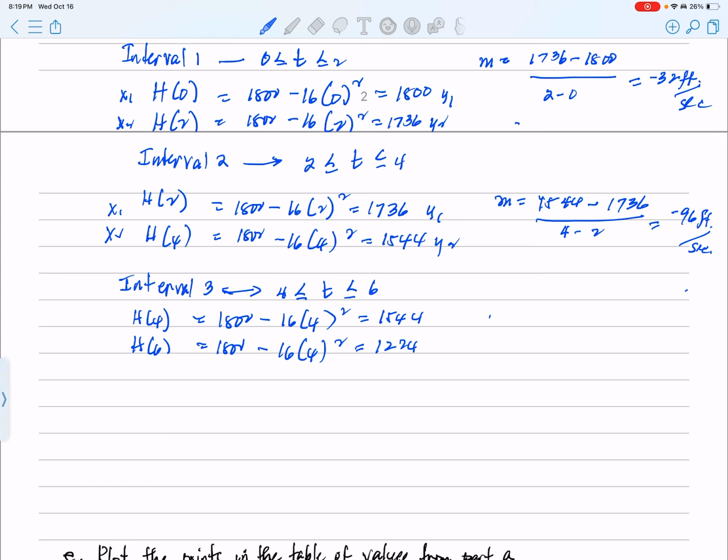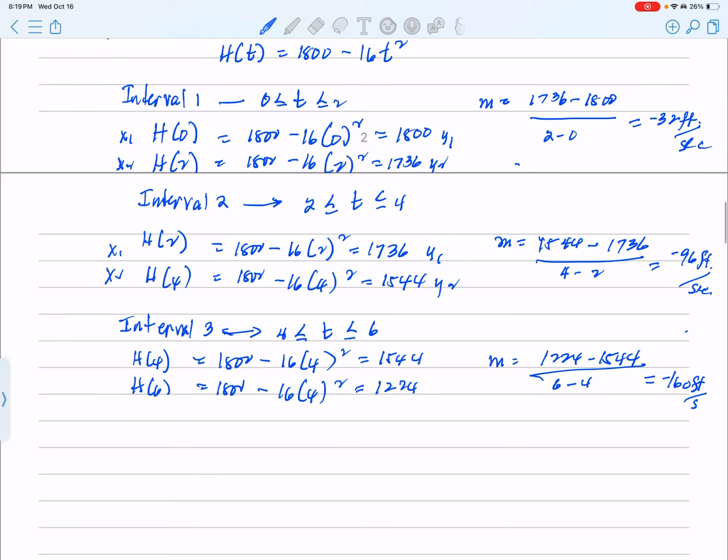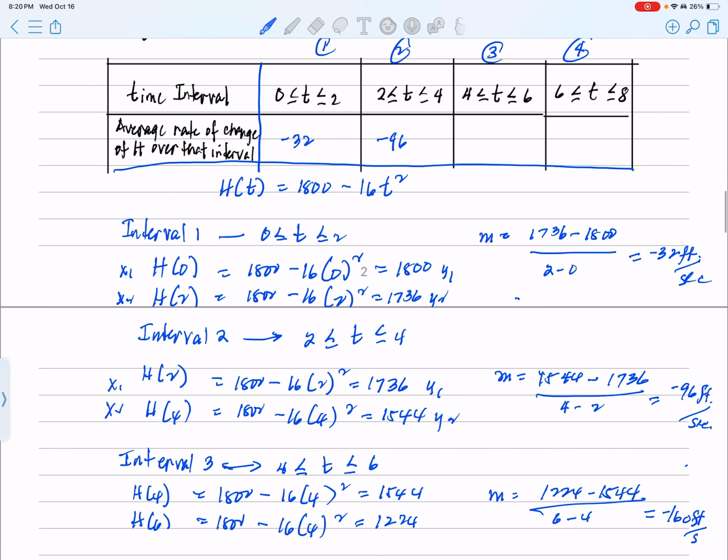Let's get the slope. The average rate of change would be 1224 minus 1544 over 6 minus 4. And that is equal to negative 160 feet per second. So I could put negative 160 here.